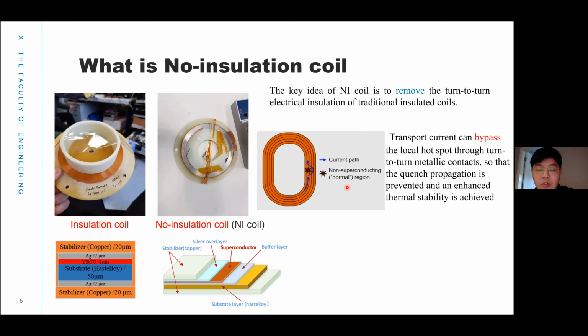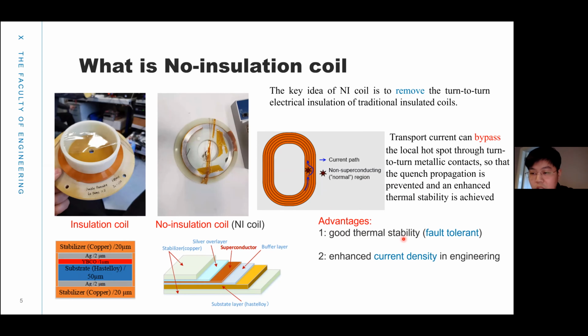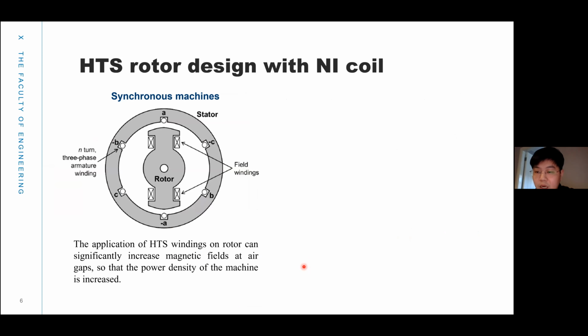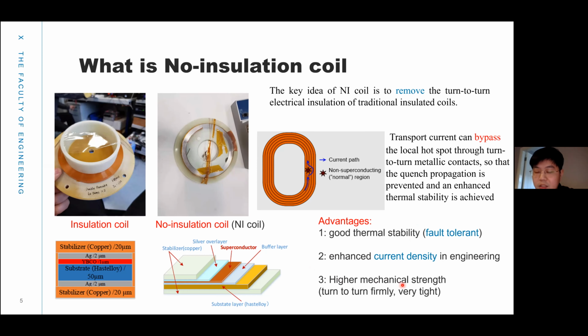This is very good for use in a machine. Some advantages of the NI coil are very good thermal stability and fault tolerance, and it can enhance the current density because the turn-to-turn insulation is removed. The NI coil also has a higher mechanical strength because the turns are very firmly and tightly wound.